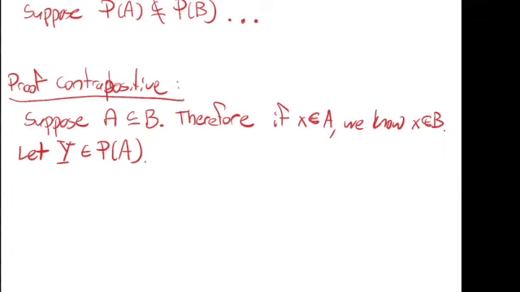So let's consider Y in the power set of A. Okay, then by definition, we know that Y is a subset of A. So then let's consider any element in this subset Y.